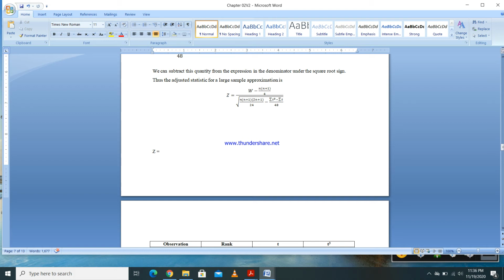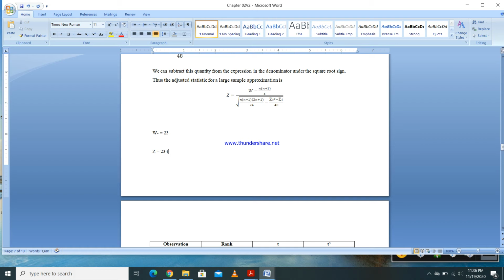If you get the summation of the ranks of the negative differences in this example, you can give it a try and see, it would be equal to 23. So if I substitute into this equation, my W value would be 23, because W minus is equal to 23. That's why I have substituted 23 here.